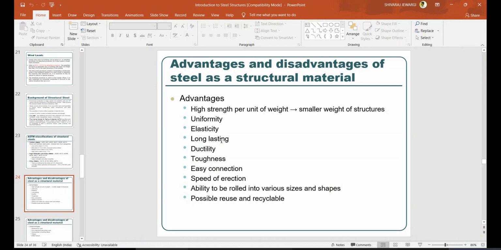But when you take steel structures, we can assure more than 50 years, because steel is made of very good material, which has high strength, homogeneity, uniformity, elasticity, everything. Because of all these properties, we can guarantee that steel structures are long lasting, durable structures.